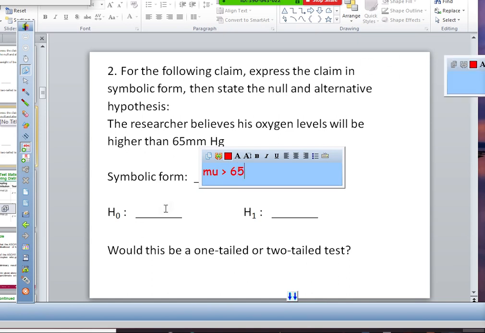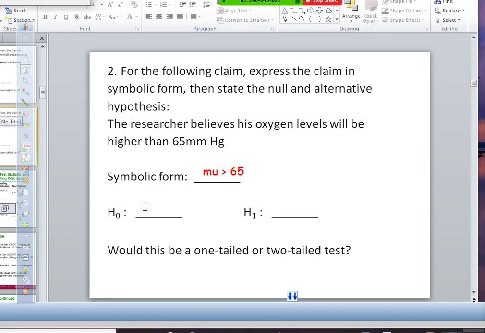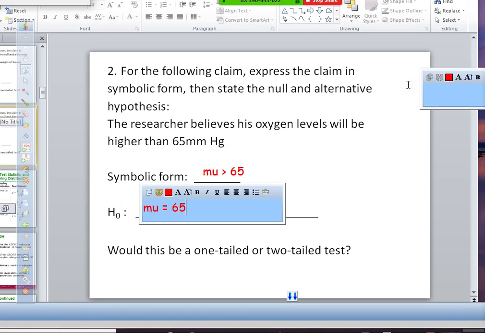Now, H naught is always going to be equals. So I'm going to take this 65, and I'm going to change the symbol to equals. Because remember, H naught is always equals. So the 65 stays the same. That doesn't change. What changes is this symbol. So it's going to be mu equals 65. Now here's the question. Are these two the same?